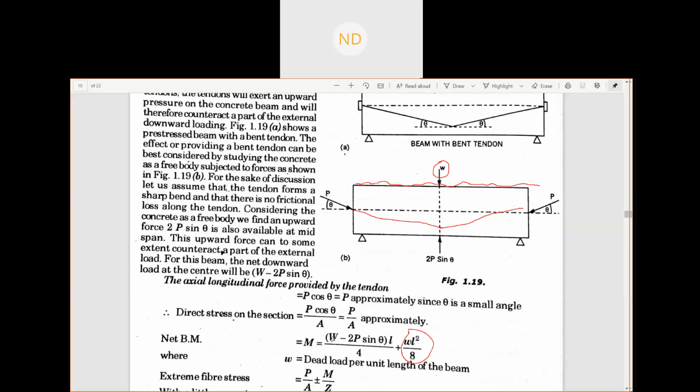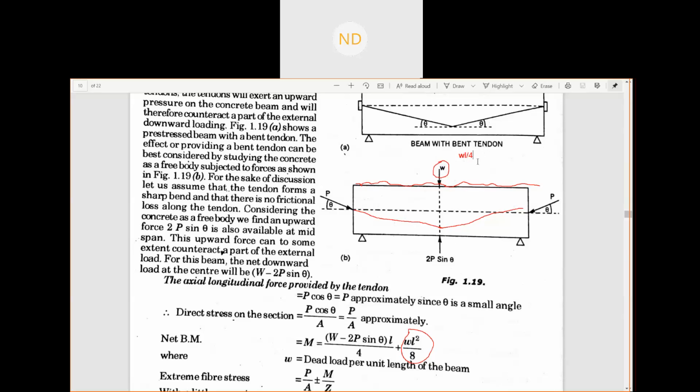We know the bending moment due to a point load is WL by 4, and our W is the total external load W minus what counterbalances it, 2P sine theta.